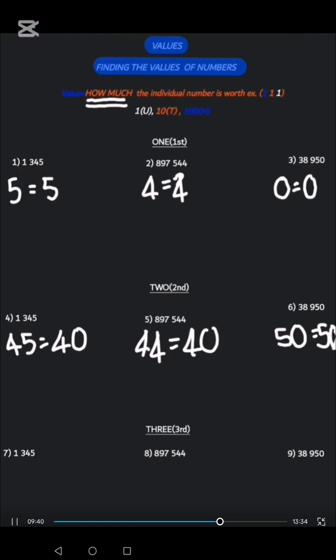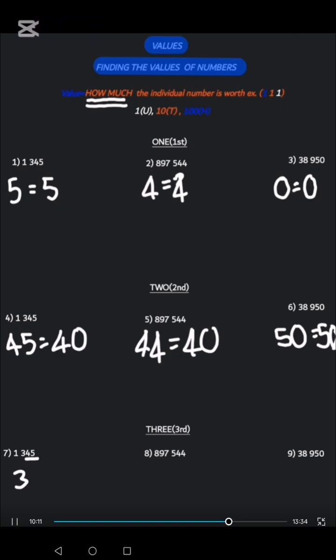In this scenario, we find the third last digit, which is 3. That tells us that 3 is in the hundreds position. So we look at the rest of the other numbers, because we want to change them into zeros.